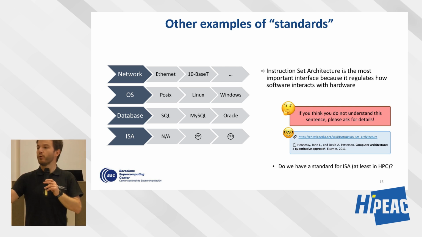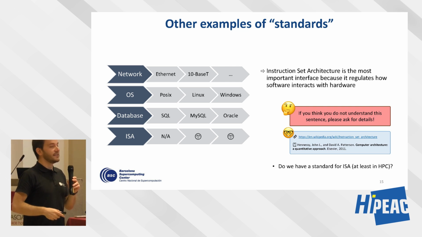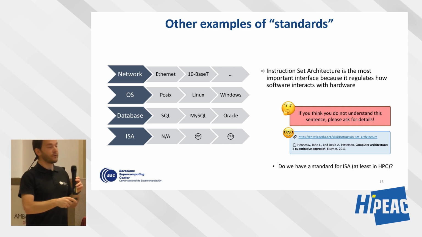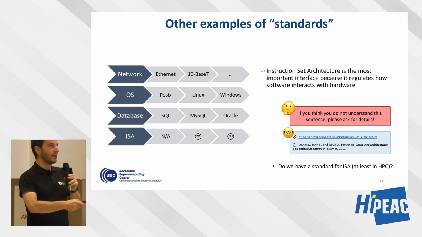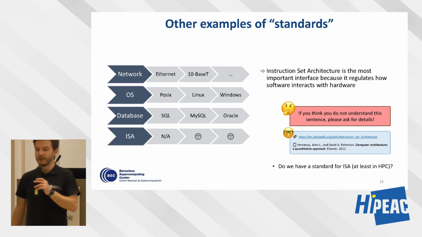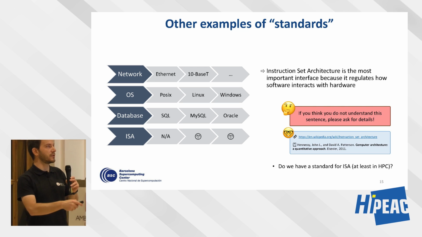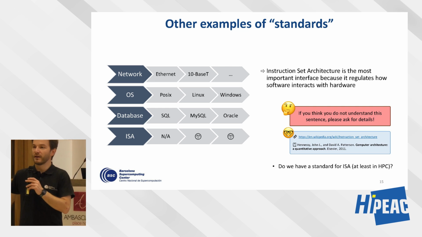Now let's see a more familiar example of having standards. In networking, you know about Ethernet. We have a standard, and you can have implementations that are open source and closed source. So here, this column is the open source implementation, and this column is the closed source.